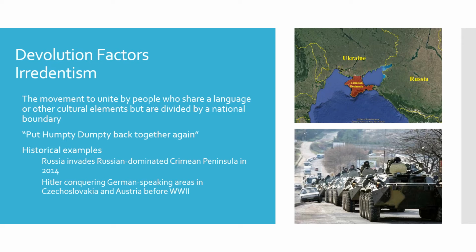Although many were doing that before anyway, because he wasn't supposed to, because of the Treaty of Versailles, but that's another story. So again, irredentism is a process that can fit in here for devolution. It's the idea that you're putting Humpty Dumpty back together, putting your pieces back together, and the devolution happens to the other country because they are losing pieces of it.